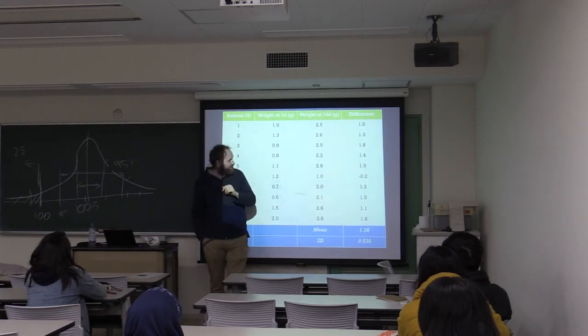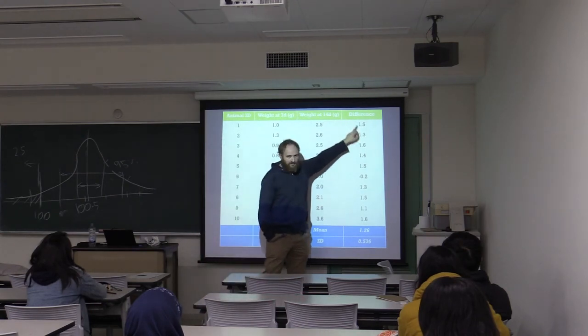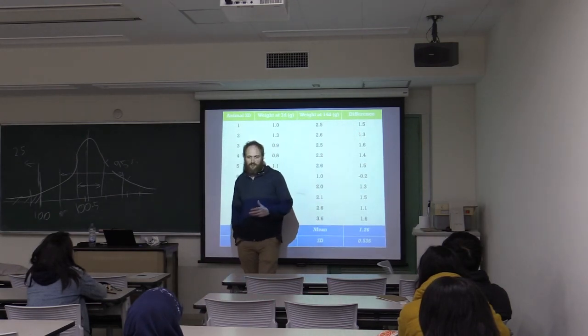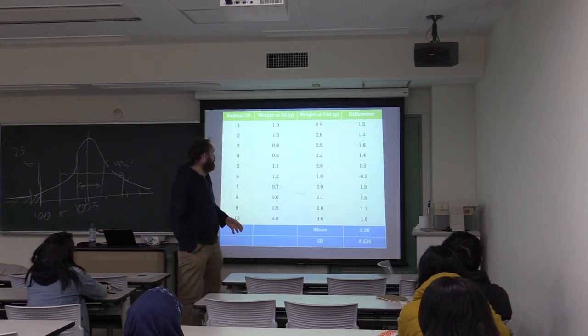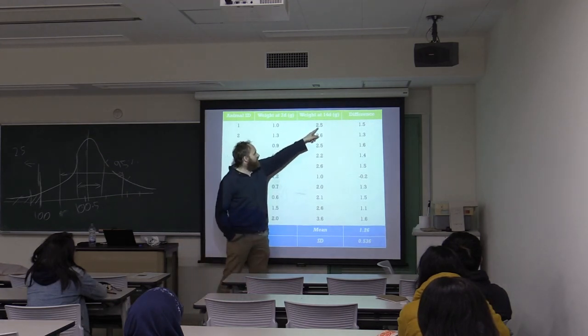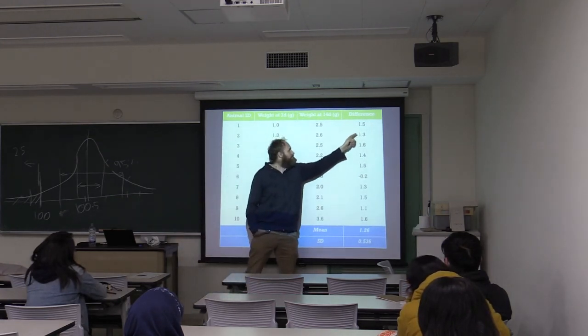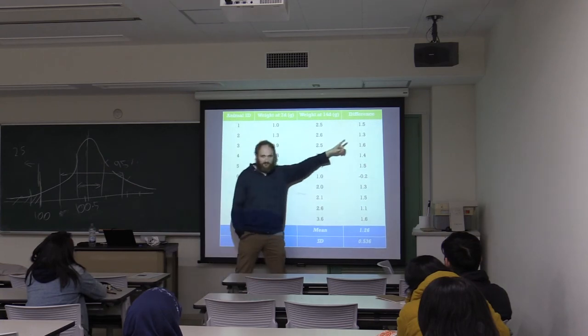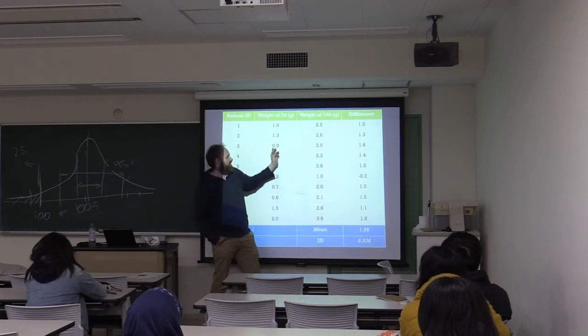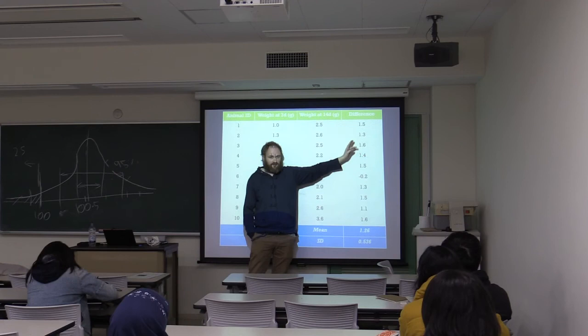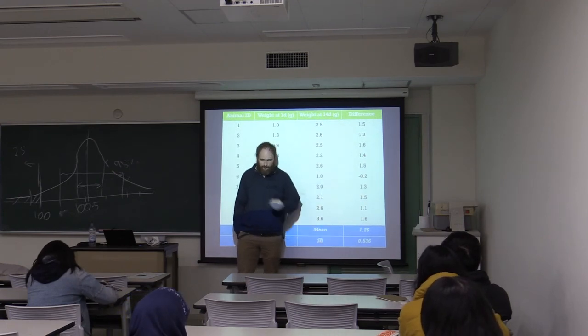And this is the difference between day 7 and day 14, right? So 2.5 minus 1, 1.5. 2.6 minus 1.3, 1.3. 2.5 minus 0.9, 1.6. This is the difference, okay?